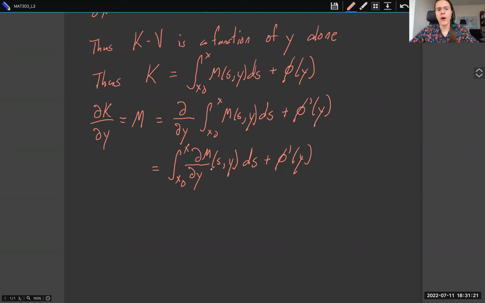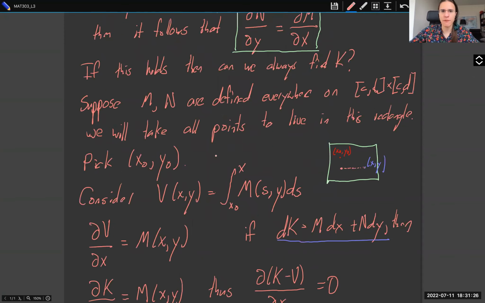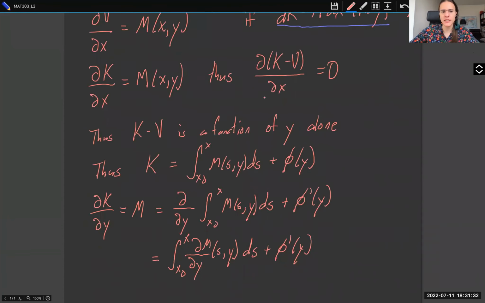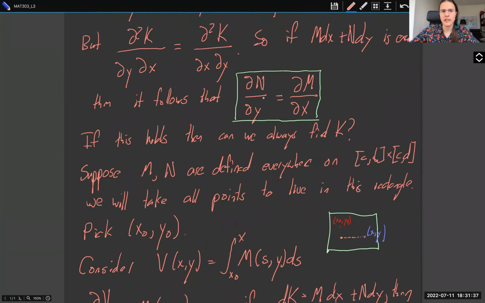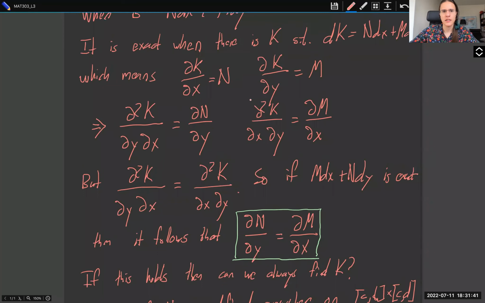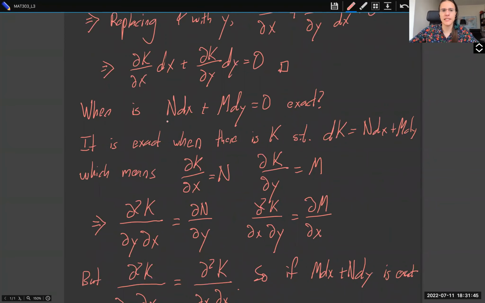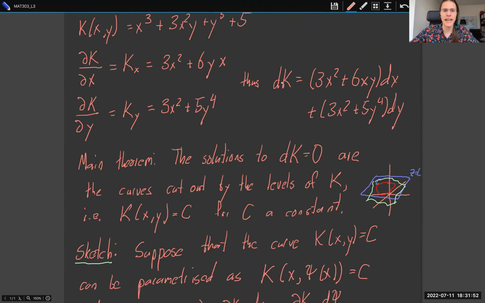So what was our hypothesis? Our hypothesis is that the equation that we have for exactness holds, right? So if I have the quantity, I think I made a consistent mistake in that I replaced n and m here, where I started with m and n, and I replaced it with n and m.